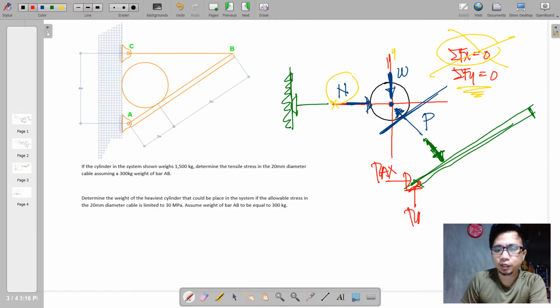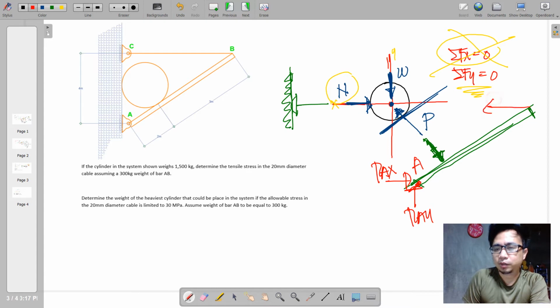Say RAX and RAY. Again, this is not our point of concern, and this could be easily eliminated, or taken out of the picture, by taking moments at that point. Our concern really is to involve the force in the internal cable BC.